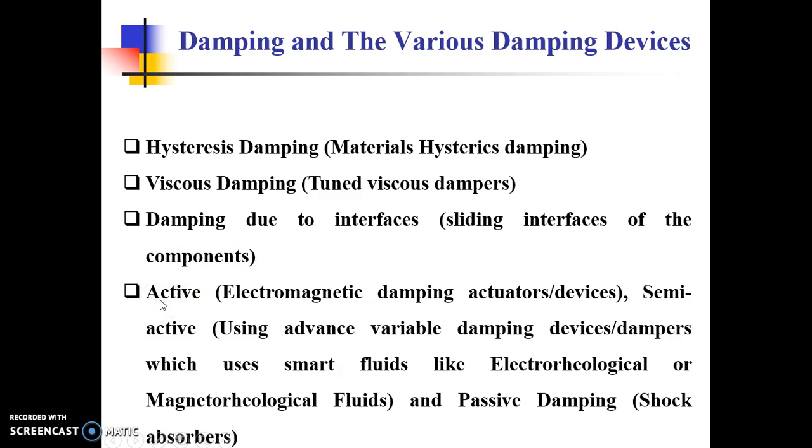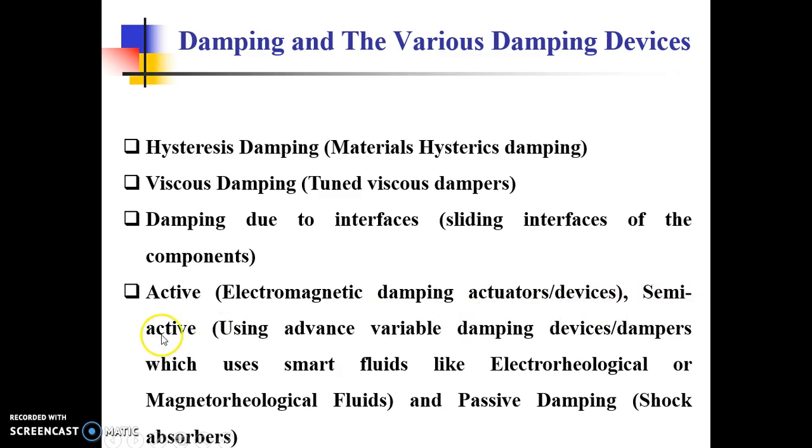One more, now in recent technologies, there are different damping types emerging, like active damping, which is nothing but the electromagnetic damping actuators or devices. In such systems, the active damping is achieved with the help of the electromagnetic damping actuators and devices.